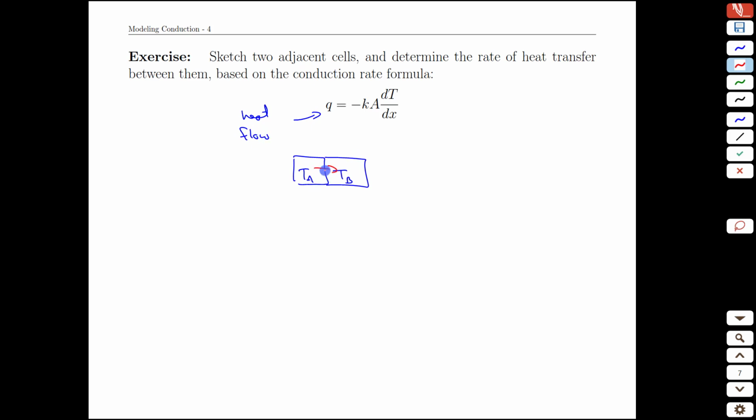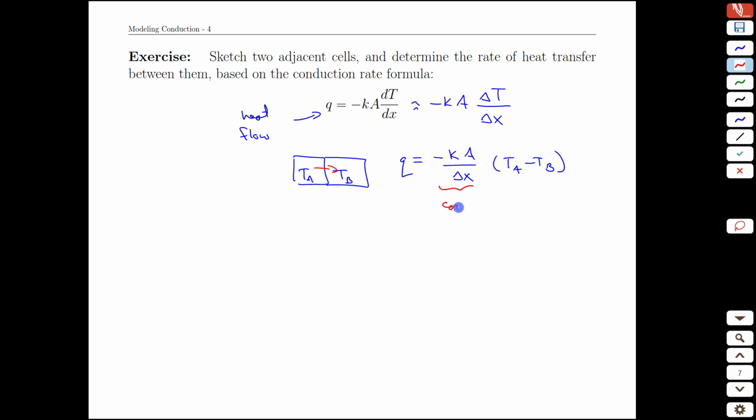So there's going to be some rate of heat transfer, and it's going to be dependent on the constants, one to do with the materials, one to do with the cross-sectional area, but most importantly, we can approximate this taking the derivative and replacing it with this delta T over delta x, where delta T is in fact just the difference in temperature between these two cells, which we're assuming have one temperature here and one temperature here. So we can simplify that to minus Ka over delta x times Ta minus Tb.